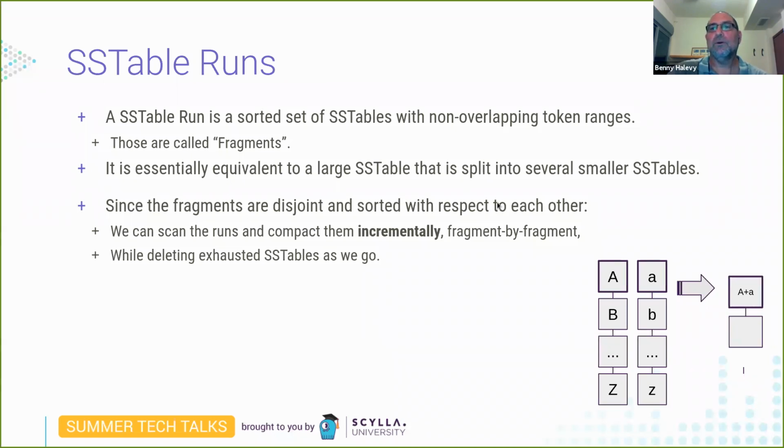And then it compacts only these two fragments together into the output fragment, denoted here as A plus A. When the output fragment is sealed and flushed to stable storage, ICS can now, in essence, delete the first fragments of the compacted runs and move on to the next fragments.